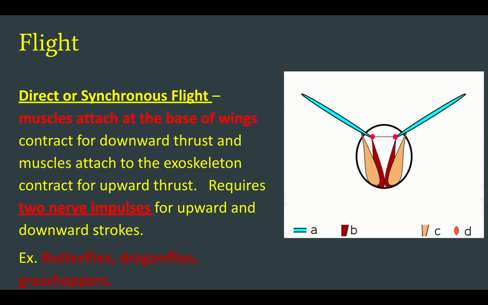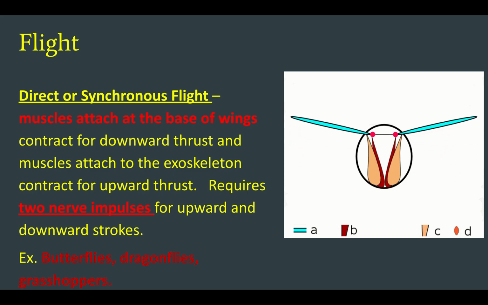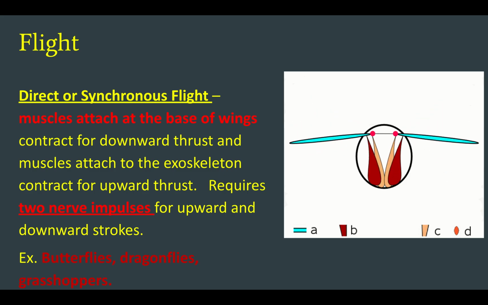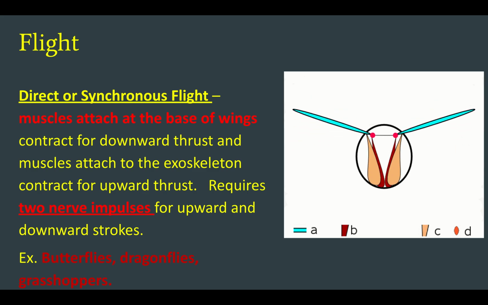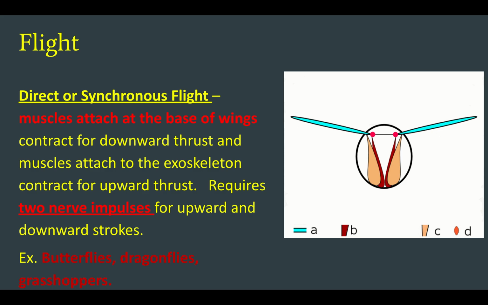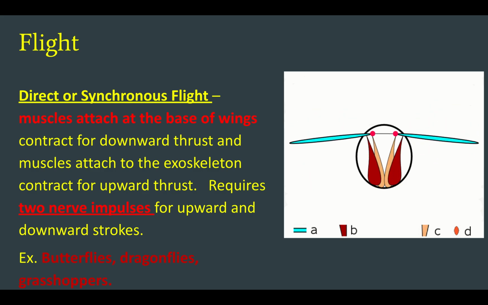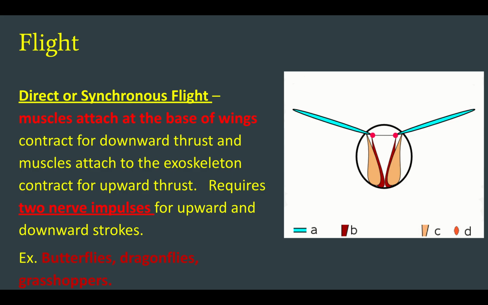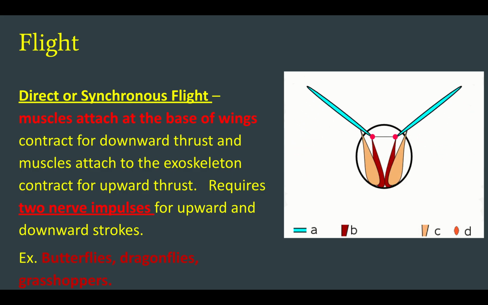You can see one set of flight muscles attaches just inside the base of the wing, and the other set attaches slightly outside the base of the wing. This does provide flight for lots of different types of animals. But can you see how it requires two nerve impulses for an upward and downward stroke?